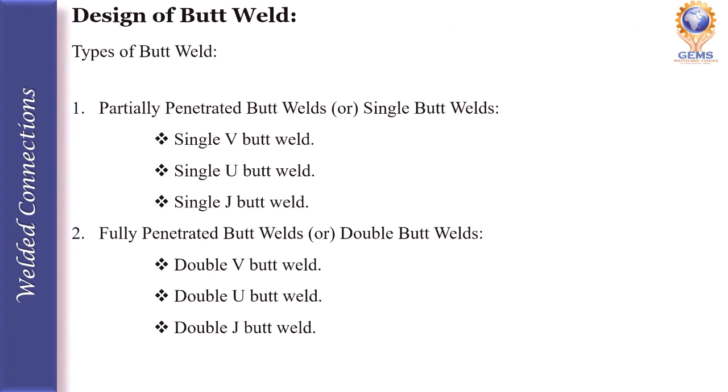Next, what are the types of butt weld? There are two types: partially penetrated butt welds and fully penetrated butt welds. Partially penetrated butt welds are also called single butt welds. Fully penetrated butt welds are also called double butt welds. That means if you are connecting the members only up to here, it will be welded, the rest will not be welded, that is a partially penetrated or single butt weld.